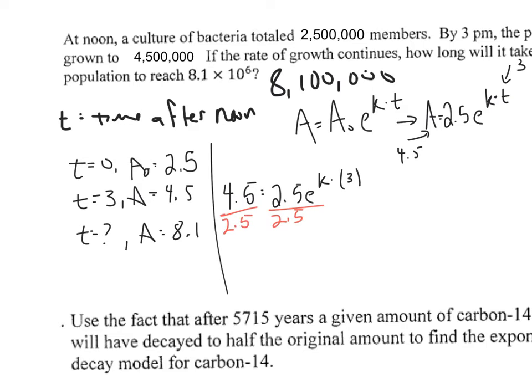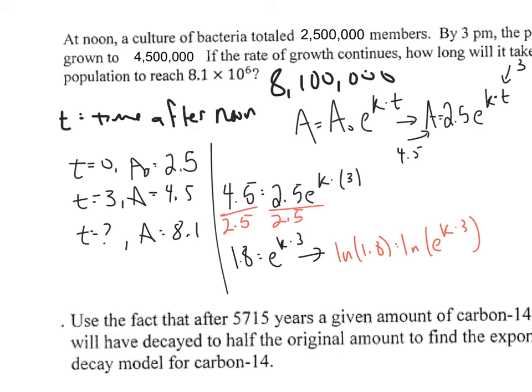We get 1.8 is equal to e to the k times 3. Remember, anytime we want to undo that exponential, our process is taking the natural log of both sides. So the natural log of 1.8 is equal to the natural log of e to the k times 3.